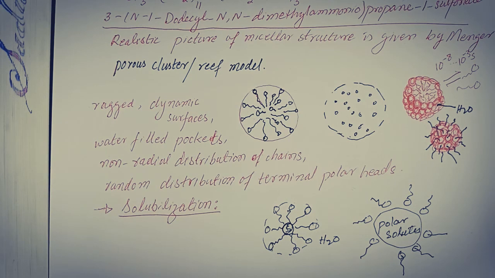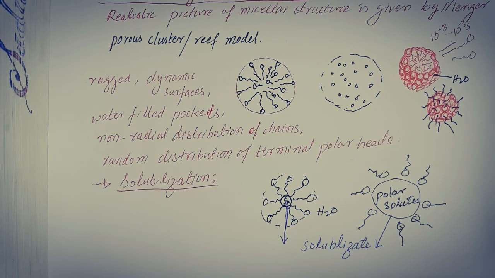So this phenomenon known as solubilization implies the formation of a thermodynamically stable isotropic solution of a normally slightly soluble substrate. So these slightly soluble substrates are known as solubilizates, and the surfactant molecules which are making the micelles are known as solubilizers.